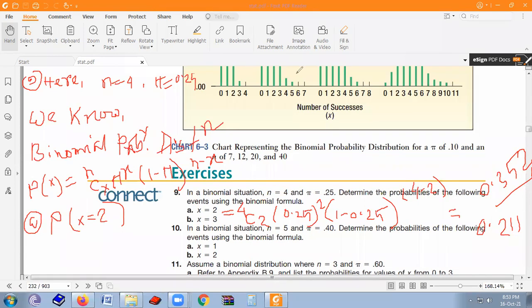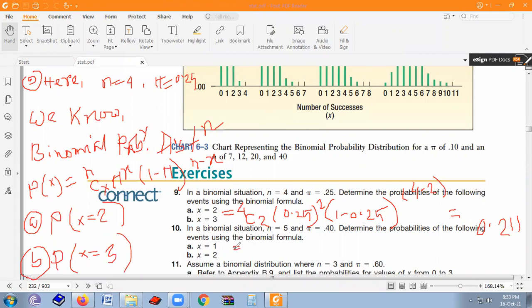Okay, if you understand, good; if not, never mind. So the value is 0.211, right? Ariful. Yes sir. Okay, then similarly for the probability of B, question number B is the probability of x equals 3.